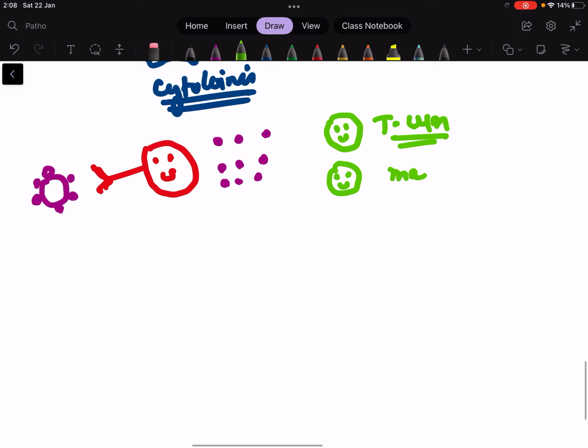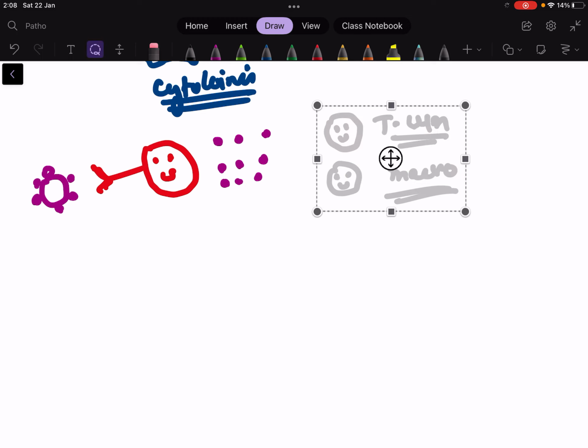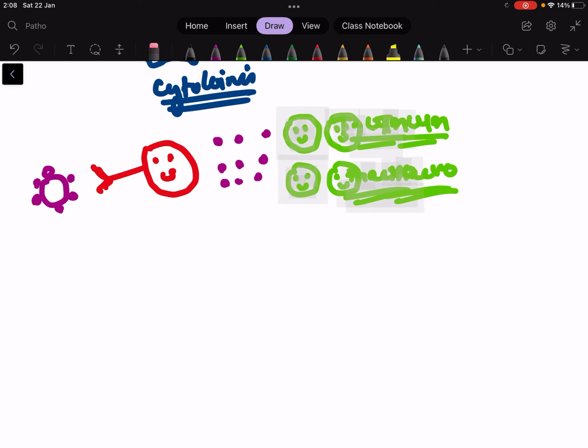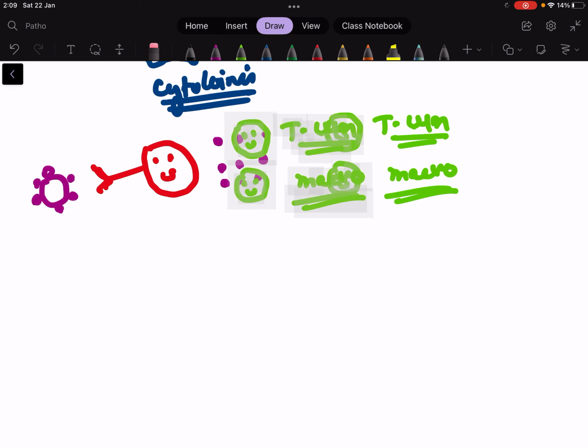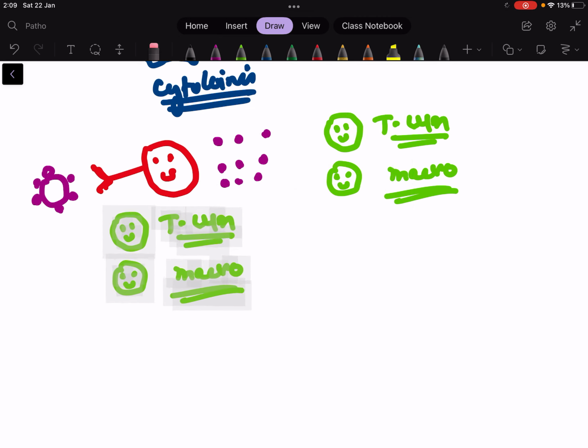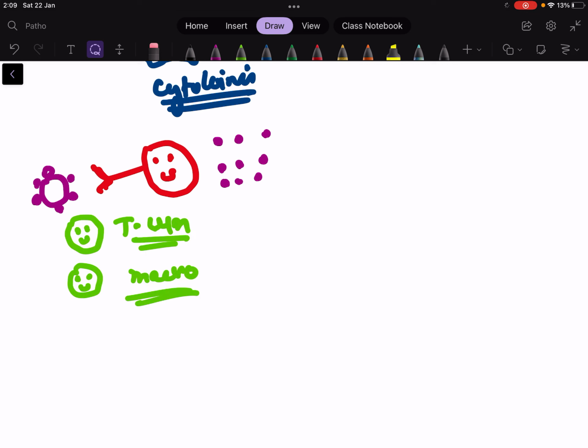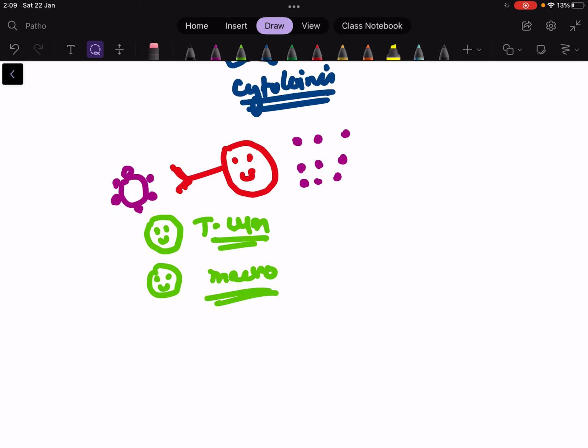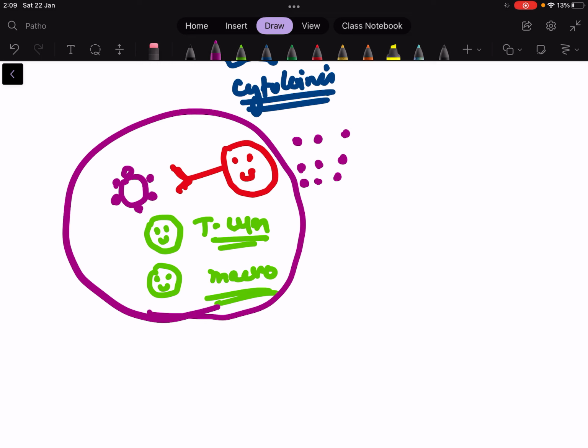Once these cytokines are released, the macrophages, which are effective in killing bacteria, and not only that, the T lymphocytes, will get attracted to these cytokines. Once they get attracted, they will surround this bacteria, and the neutrophils, the T lymphocytes and the macrophages will kill this bacteria.